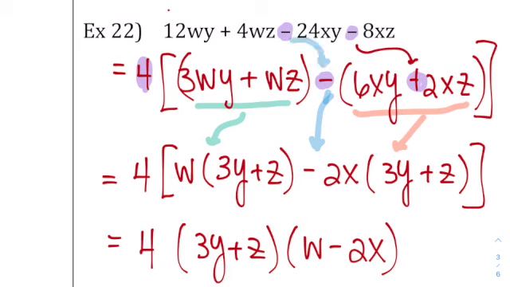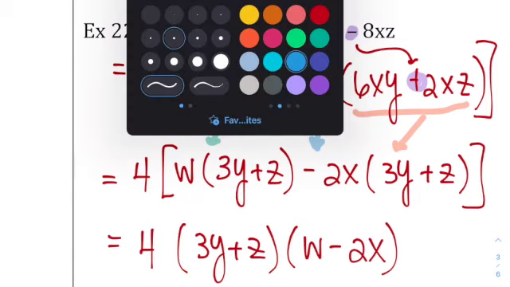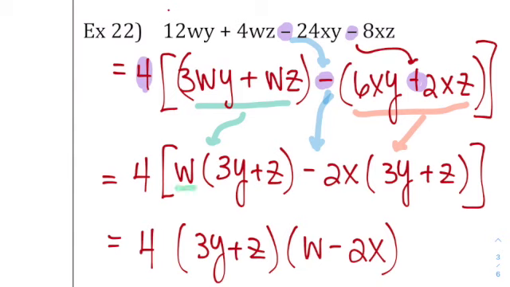Now, notice all the signs right here change the last term. So it's negative become positive, positive. Now, grouping them together is W and negative 2x right here. And the left is everything else.